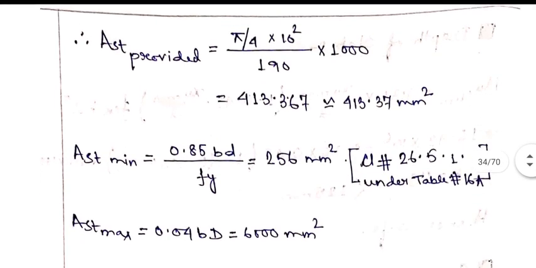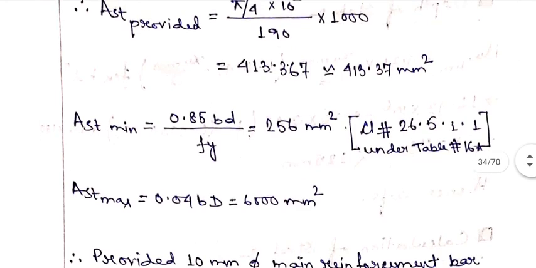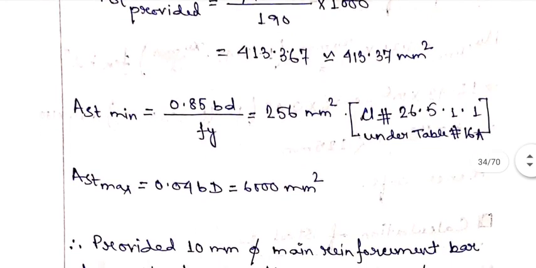But there is a condition of minimum reinforcement and maximum reinforcement in clause number 26.5.1.1 under table 16A. AST minimum is 0.85 BD by Fy, equal to 256 mm square. This is the minimum reinforcement to be provided for this section, and AST maximum is 0.04 B into capital D, meaning overall depth, that is equal to 6000 mm square.